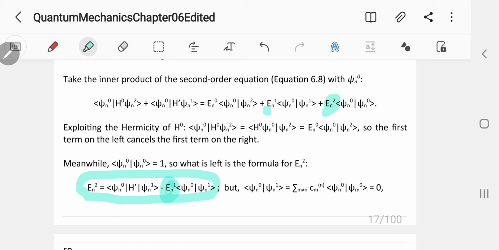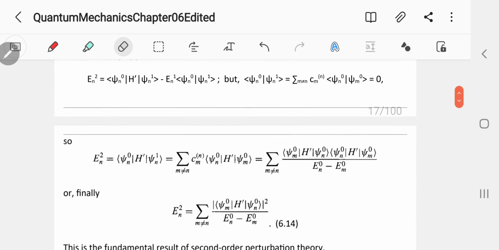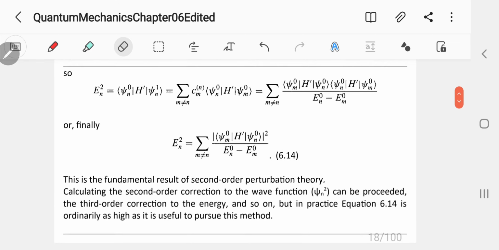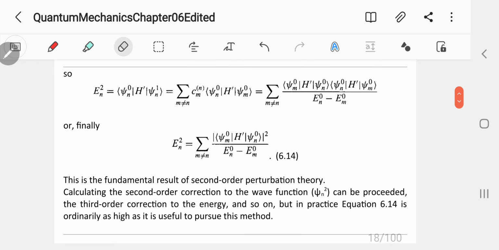However, you have here two normalized wave functions of different orders, so this would have to be 0. So now En2 would be this one.